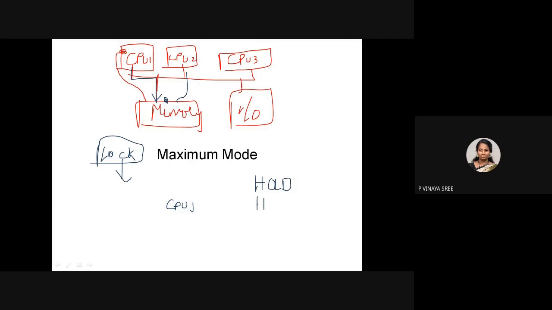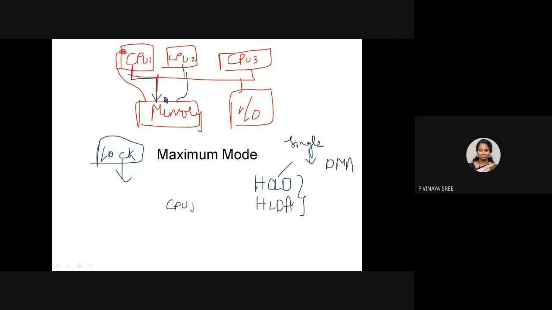It is similar to hold and hold acknowledgement, which we have studied in minimum mode, where you will not have multiple processors, only a single processor. But in this case, for data transfer we are using a special data transfer called DMA.